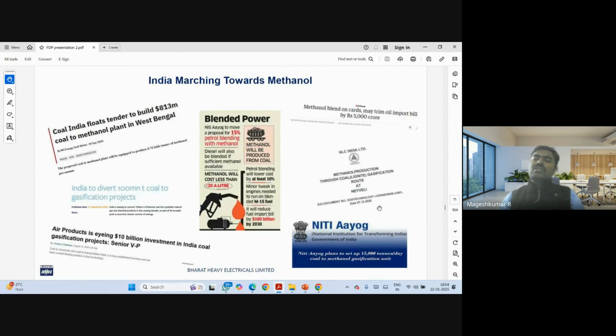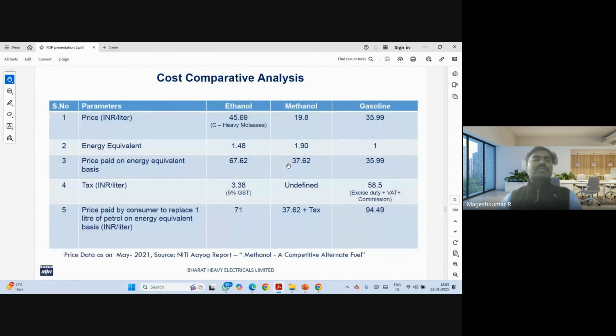Still, it is not capitalized; actually, it is still in the ordering stage. Various targets of the Government of India have been mentioned in this slide. The rates of methanol, ethanol and gasoline have been mentioned here. The price data is from 2021, sourced from the Niti Aayog report on methanol as a competitive alternate fuel.